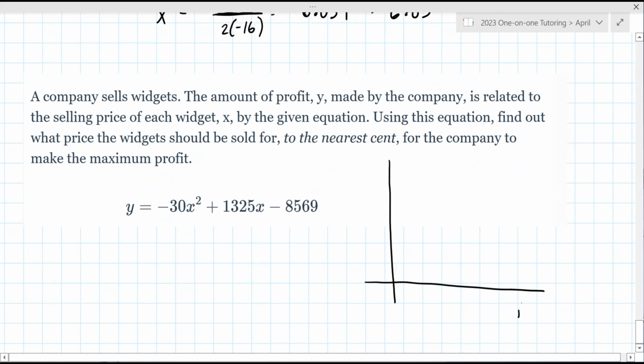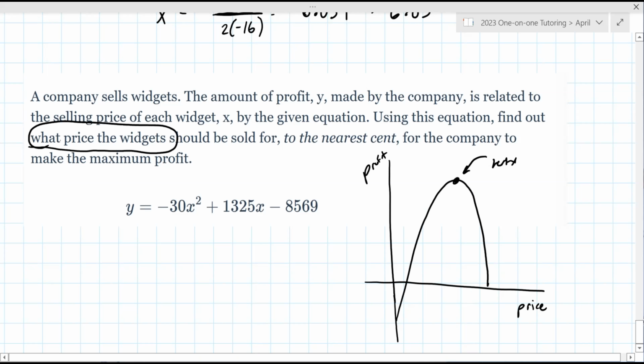So this time price is here, profit is here. And again, it's got some sort of shape where it comes up and reaches a max. And we're again interested in the vertex. Because it wants the price of the widgets, that's looking for the X value of the vertex.